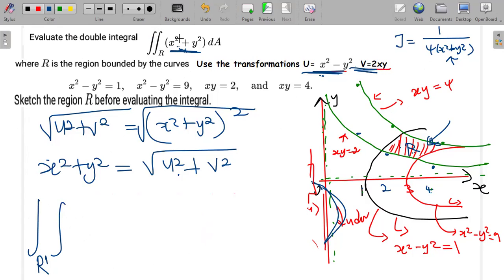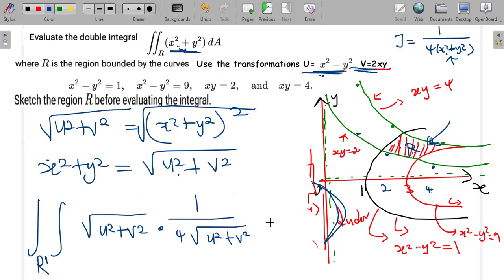This x squared plus y squared has become u squared plus v squared, and then I'm multiplying by the Jacobian, remember, which is 1 over 4 times the square root of x squared plus y squared, which is the same as this thing. So here I'm just going to write the square root of u squared plus v squared, and then dA prime for this region.